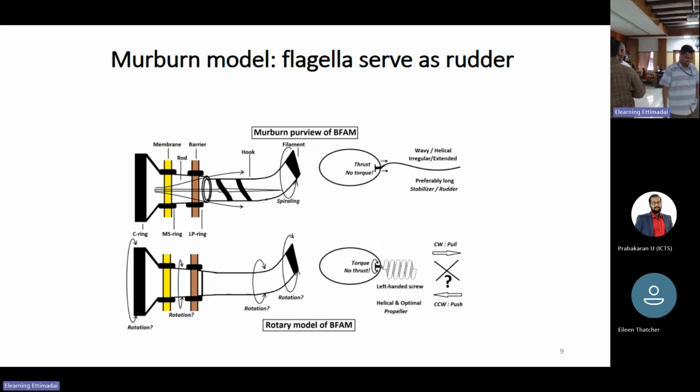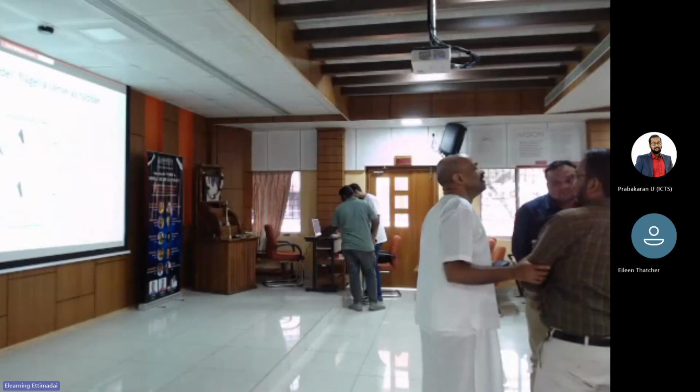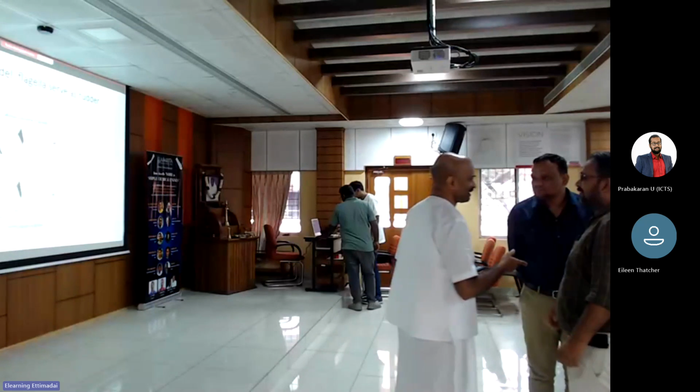So again, it is the basics of biotechnology. Basics. If you don't know this, I'm not a biotechnology person even then. But I have learned. I'm preparing at night.